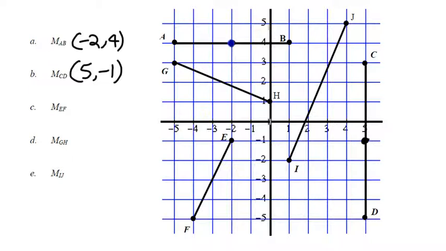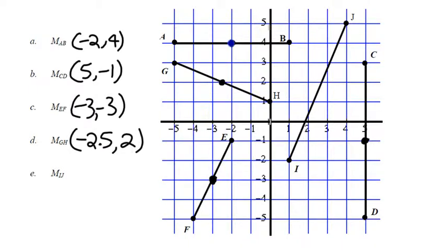Oh, that's a little different. Midpoint of GH. 5, 2. And midpoint of IJ. 1, 2, 3, 6, 7.